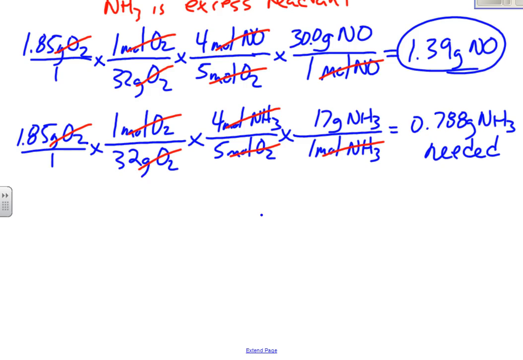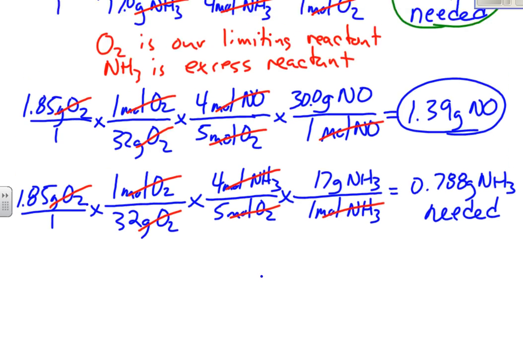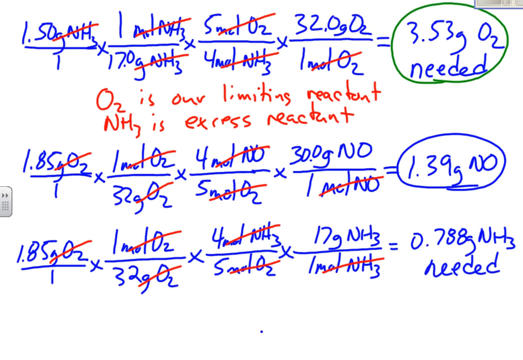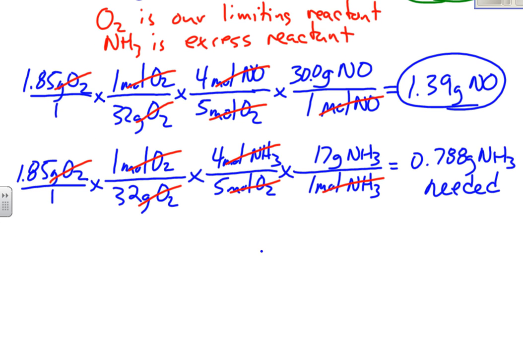So at this point we compare that amount needed with the amount we have, which you recall is 1.50 grams. So we have 1.50 grams of ammonia.